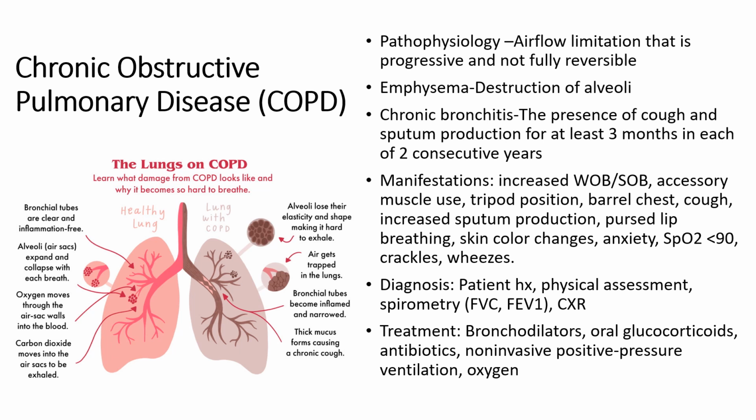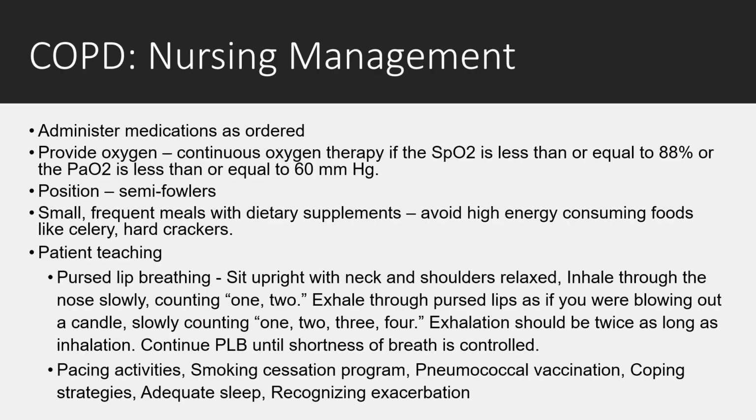Complications: like I just said, they're difficult to wean off the vent, so we avoid that. Secondary spontaneous pneumothorax can happen with these patients. They're at risk for pulmonary hypertension, which can lead to right-sided heart failure. And then they're also going to have increased airway resistance.